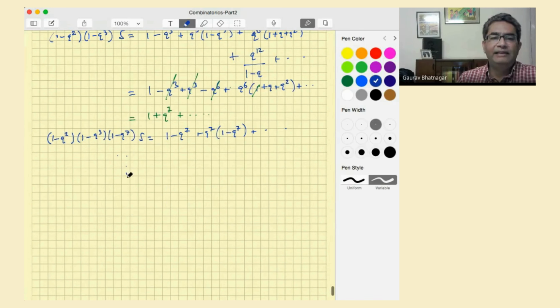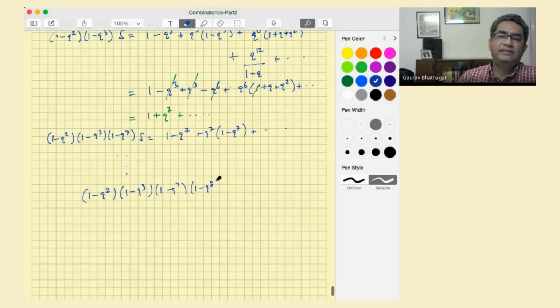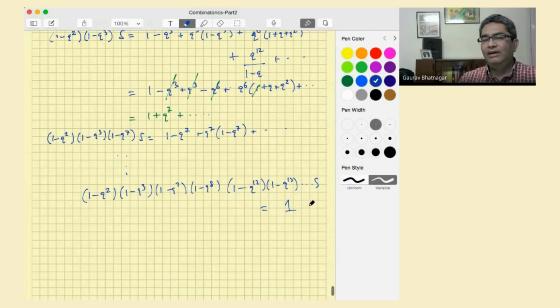And if I keep doing this many more times, I will eventually notice a pattern. And I hope that at the end I get no power of q, I get 1.